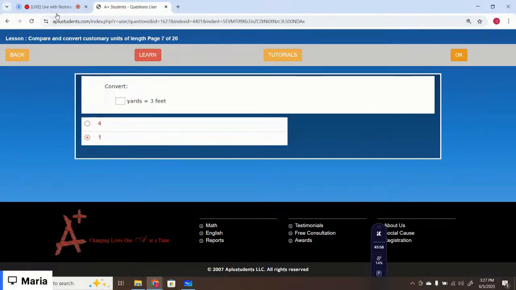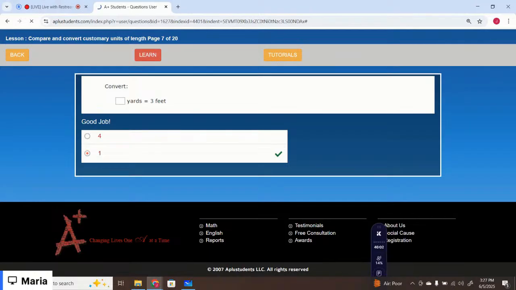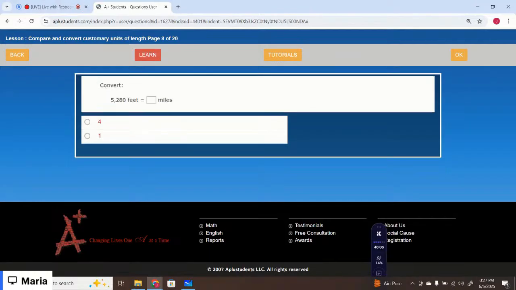Option number 2 is the correct option. 5,280 feet equal how many miles? 5,280 feet equal 1 mile.